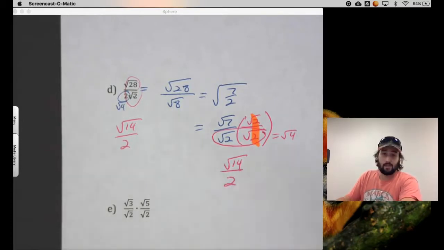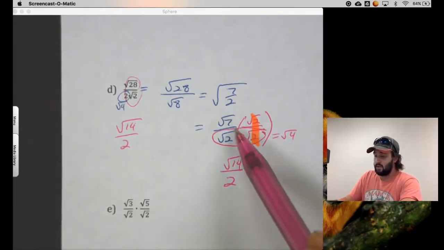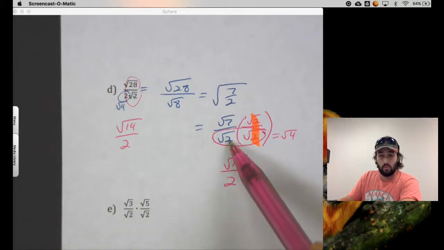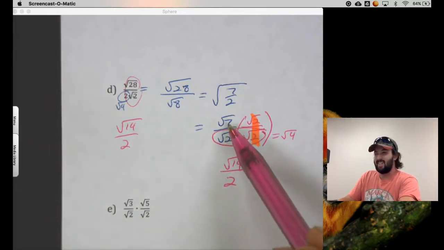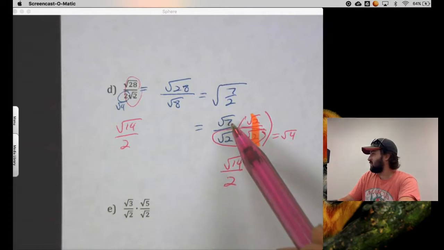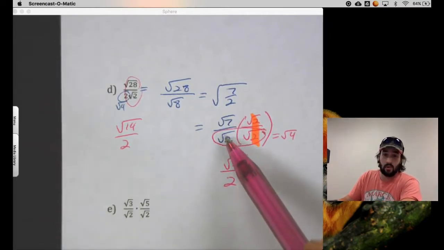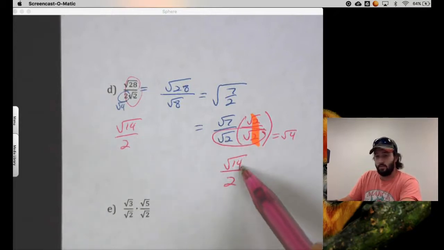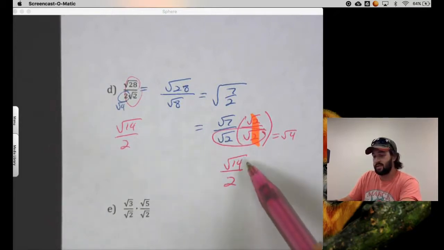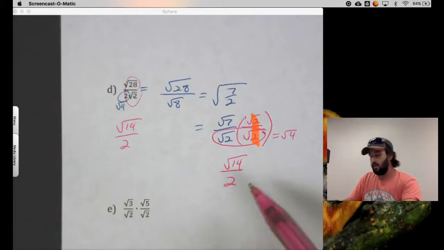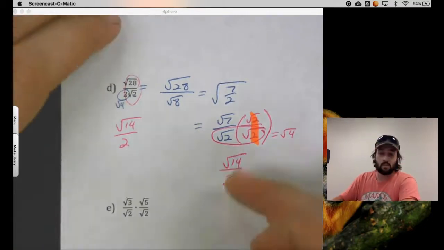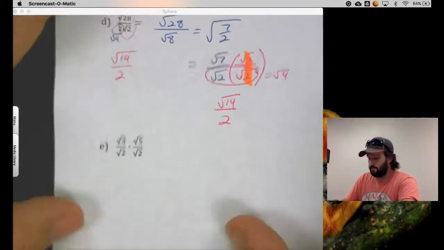The reason that exists is we're dividing root 7 by root 2. So this is like 2.646 or something like that, I can't remember, divided by 1.414. It's much easier to do root 14 divided by 2, because that's a decimal number divided by just 2. All right, moving on. Like I said, you'll see rationalizing the denominator much later.